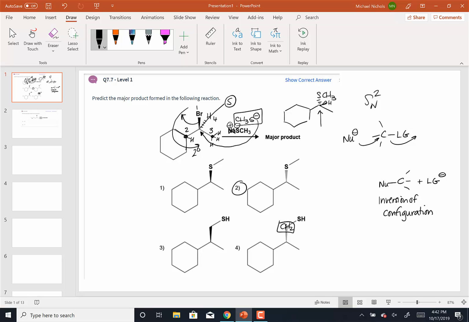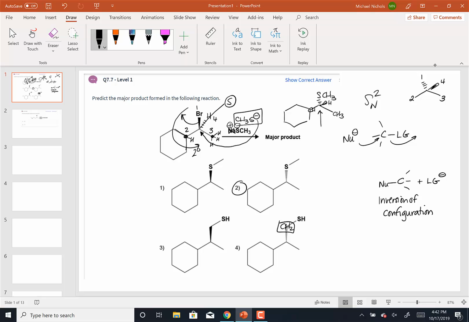So if we look over here, we have our 4 groups. Let me go ahead and take those out of the structure, and we'll just write the numbers. So in this case, number 1 group is sulfur. Number 4 group is hydrogen. Number 3 group is the CH3. And the number 2 group is the CH with the 2 CH3s on it. Is 4 pointing away from me?